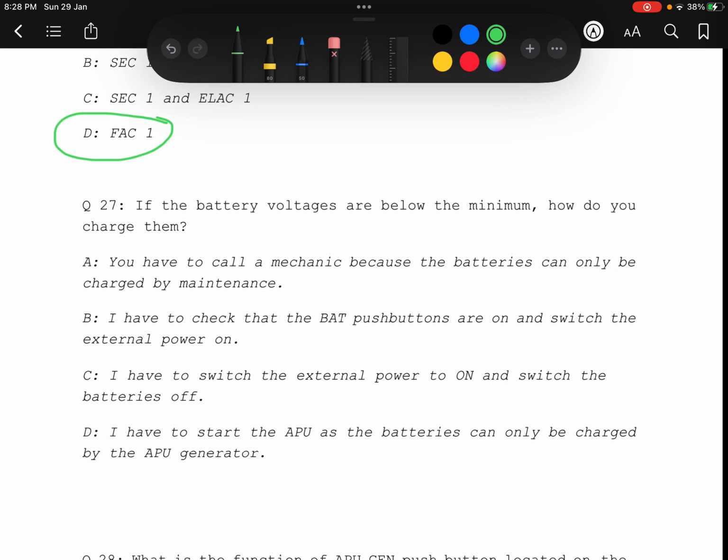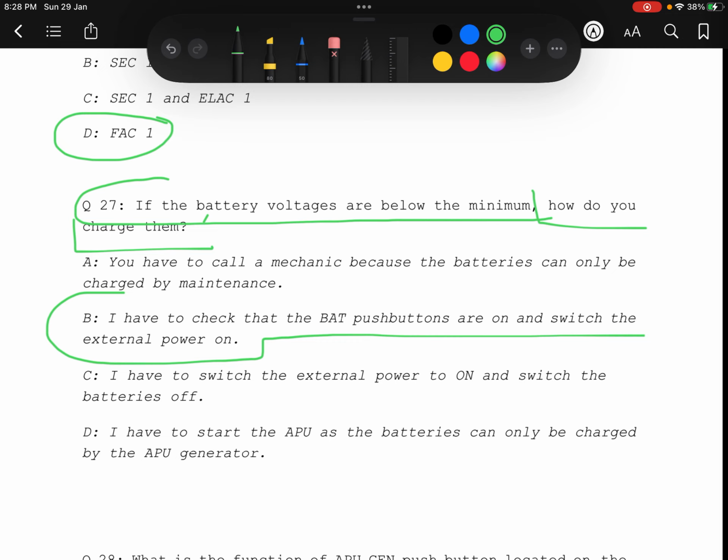If the battery voltage is below the minimum, how do you charge them? Whenever battery voltage is below the minimum, what will you do? I have to check that the battery push buttons are on and switch the external power on.